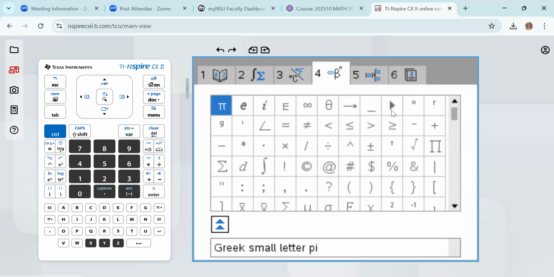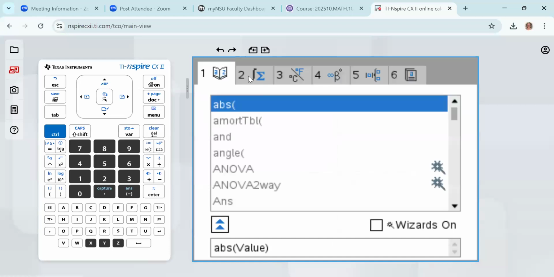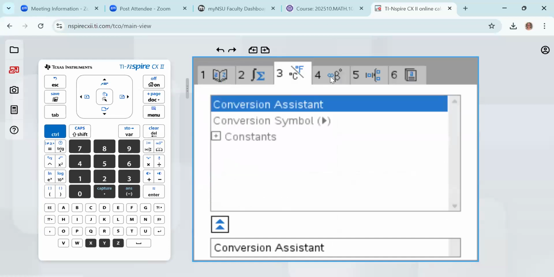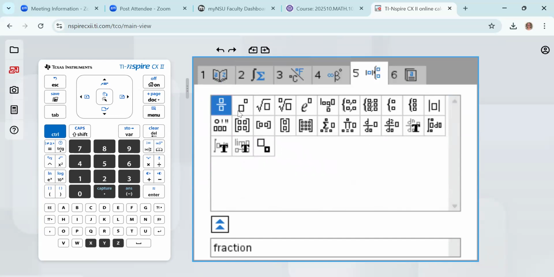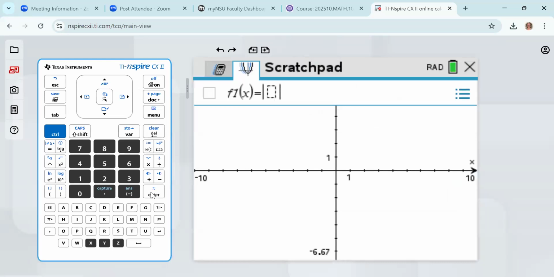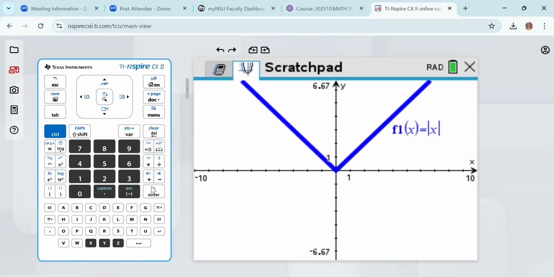I'm looking for it. Hold on a second. Here it is. Okay, it's this one right here. And then as soon as you find it, you hit enter. And we're going to type in an X and then hit enter. So absolute value looks like a V and it's centered right there at the origin. All these functions are centered right here at the origin.